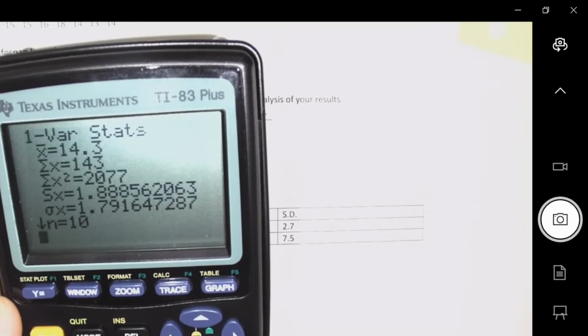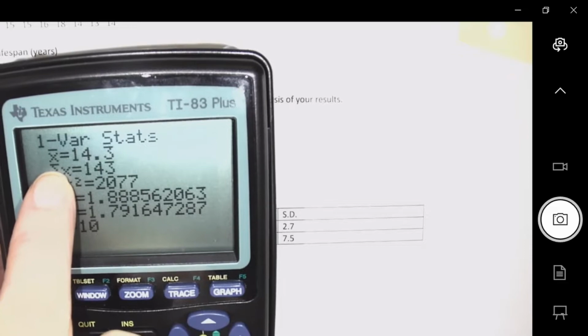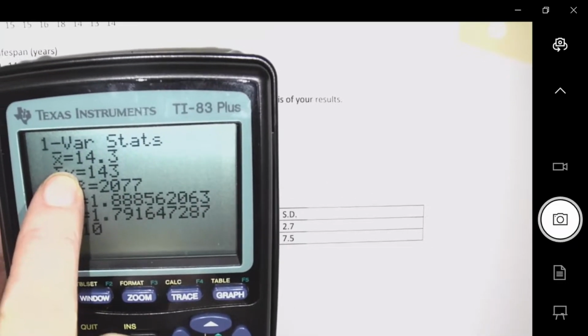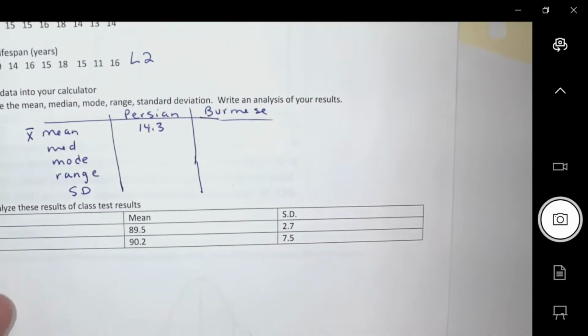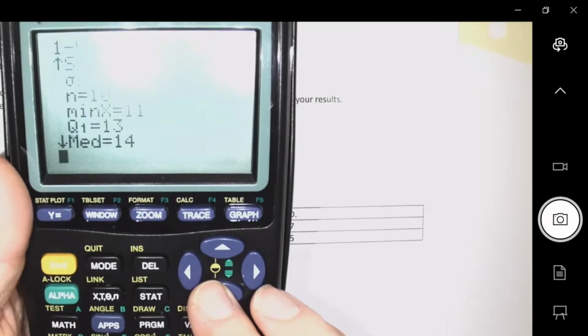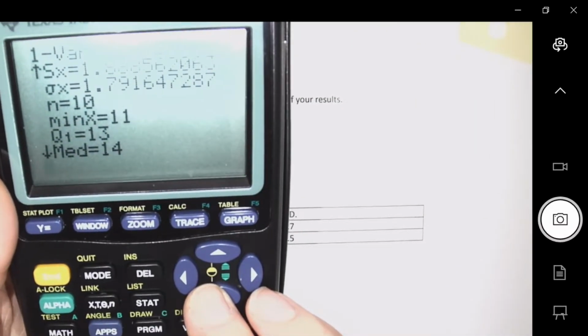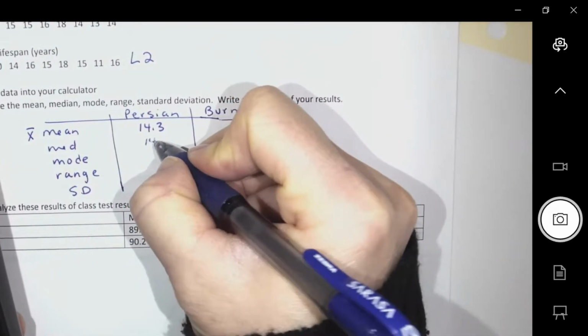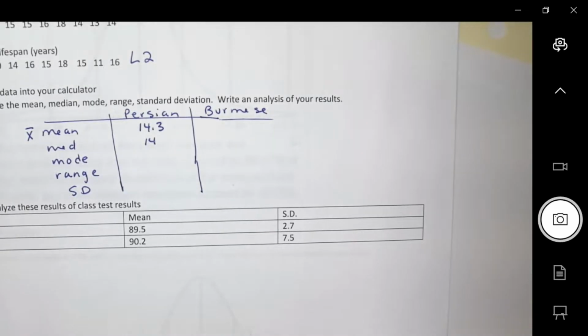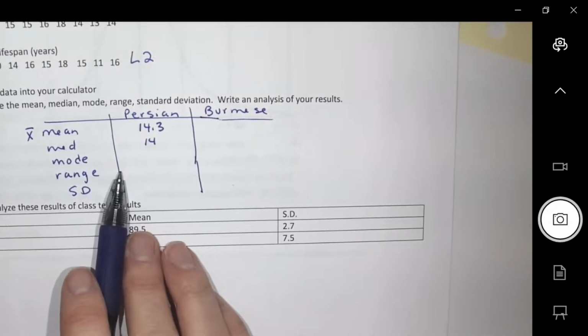Enter. Okay, do we remember the x bar? That's the symbol for mean. So 14.3 is the average life expectancy. If you scroll down, you got your MED, so the median, the number right in the middle, would be 14. You know what we're going to do for mode?